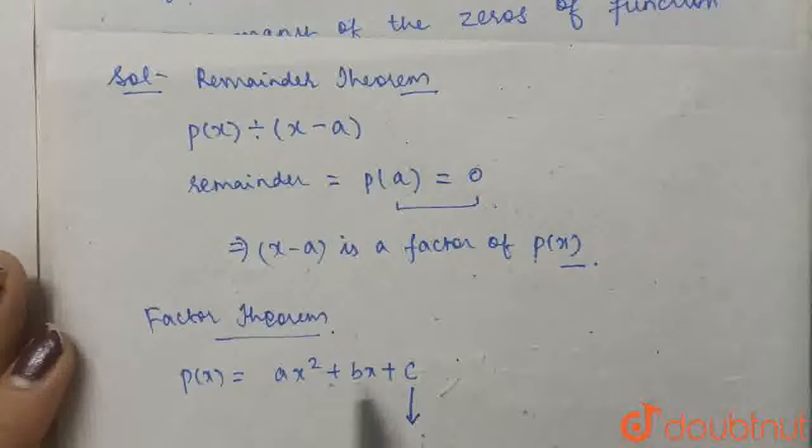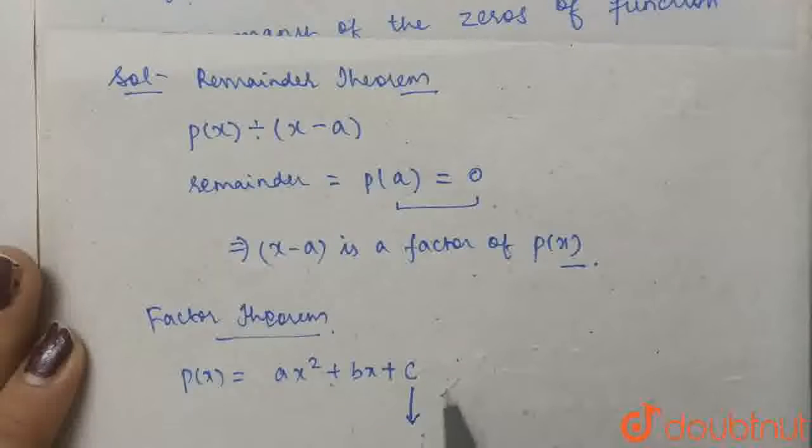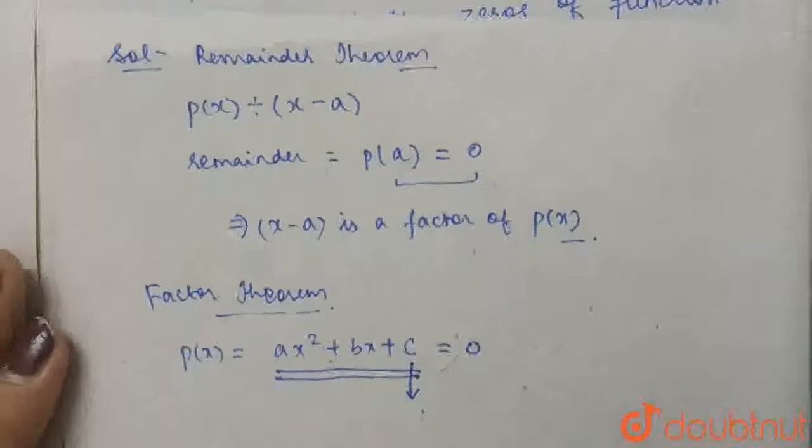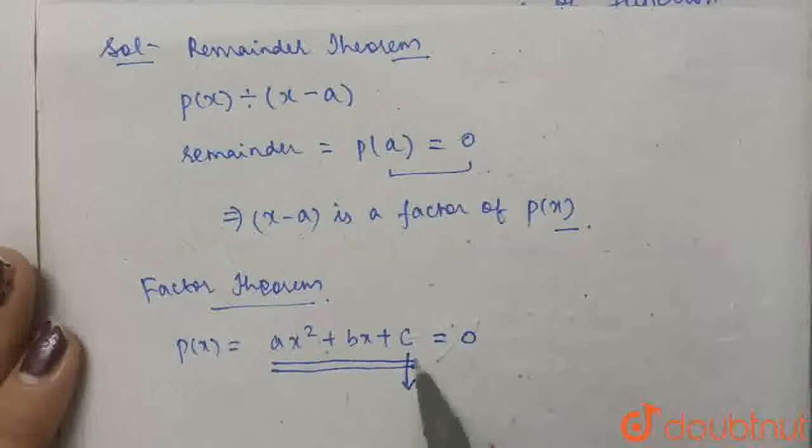If the value of that polynomial becomes 0, then we say that factor of the constant term is a root of this polynomial or a zero of this polynomial. That means, suppose the factor of the constant term c is d.